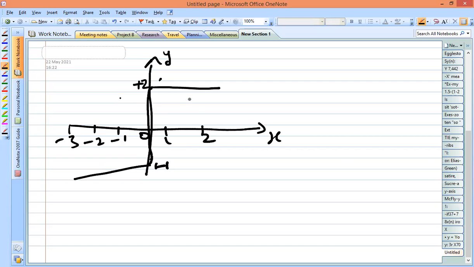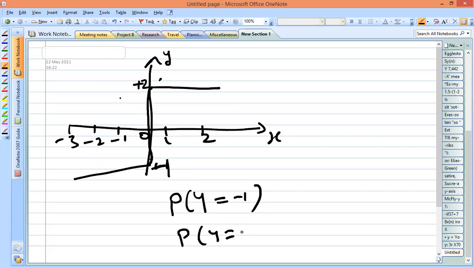From this graph, first we need to get the probability of y equal to minus 1, because along the y-axis you can see that we have the values of y as minus 1 and plus 2. So we have to write the probability of y equal to minus 1 and the probability of y equal to 2.